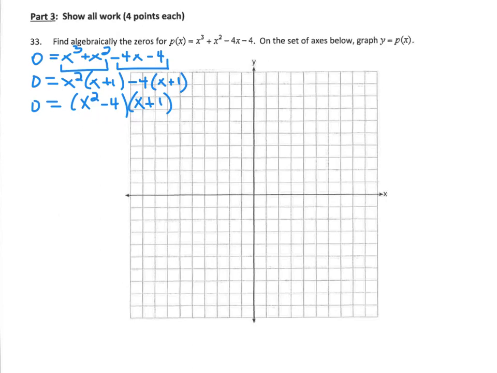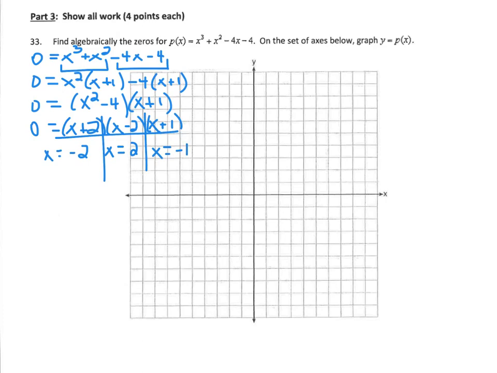So x squared minus 4, let's factor that further to x plus 2 times x minus 2. And then I'm bringing down the x plus 1, and now that everything is completely factored, we can make our t-chart. So we wind up getting x equals negative 2, x equals positive 2, and x equals negative 1.